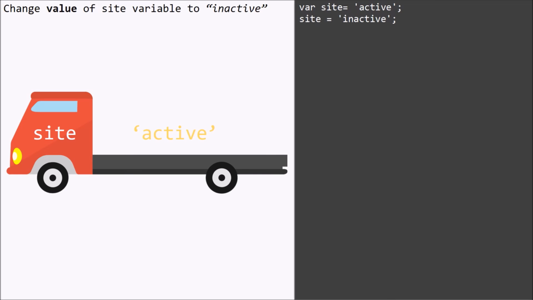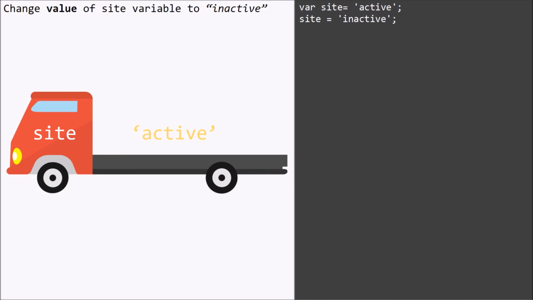Okay, so here we have a quick exercise. Change the value of the site variable to inactive. And as you can see right now, it's active. And so this is just a test of whether we know how to change the value of a variable. So all I need to do here is do site equals inactive.